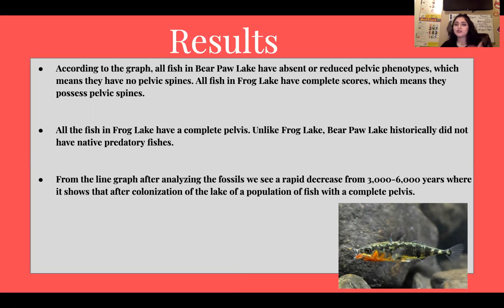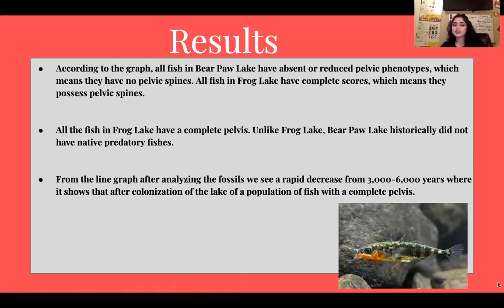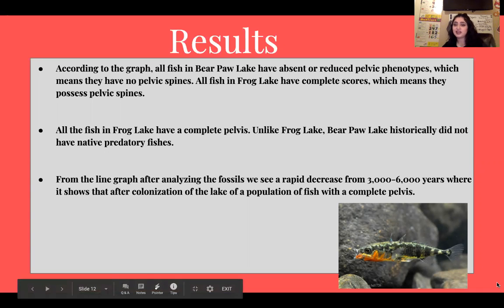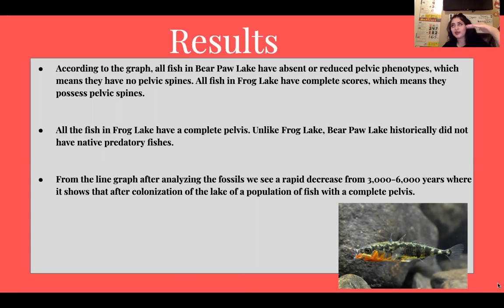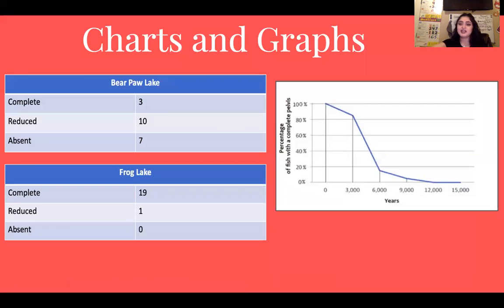And again, from me explaining briefly about the fossil fish, in the line graph, you'll see that through the years after the colonization of the lake populations, it shows how the population went from having a complete pelvic spine, which you can see at 3,000 and 6,000 years, where it dropped completely.